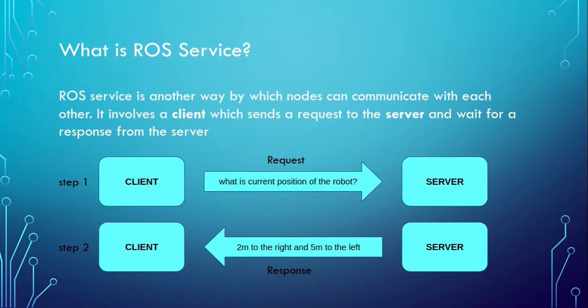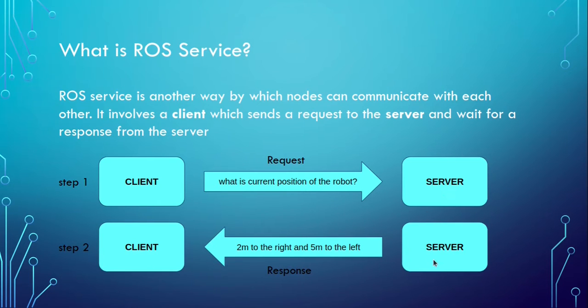A ROS service is another way by which nodes can communicate with each other. It involves a client which sends a request to the server and waits for a response from the server. For example, the request might be: what is the current position of the robot?